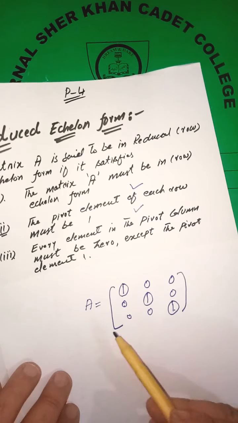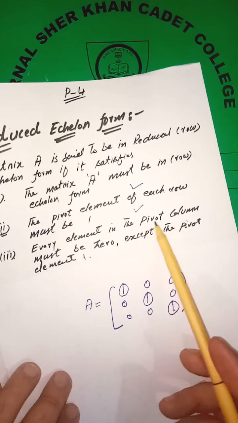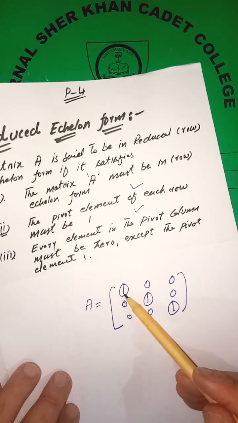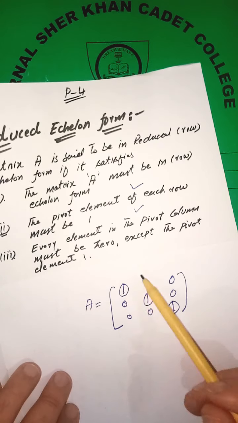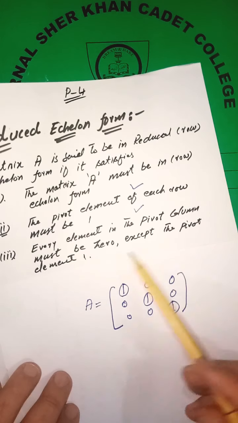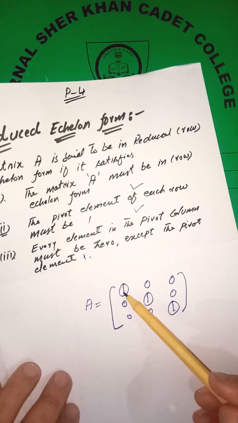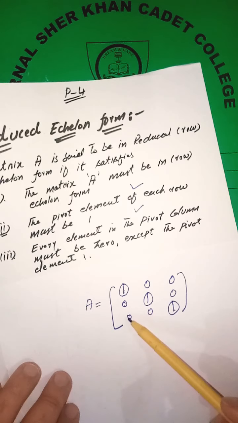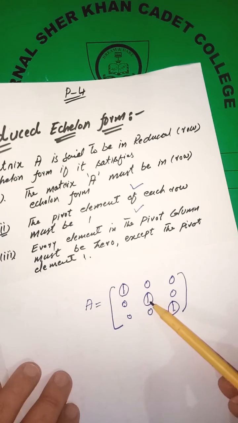The third one: every element in the pivot column must be 0 except the pivot element 1. The first pivot element is in the first column, and the rest of the elements of that column are 0. In the second column the pivot element is 1 and the rest are 0.